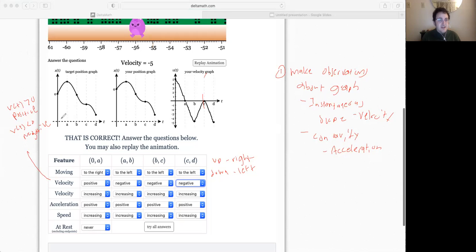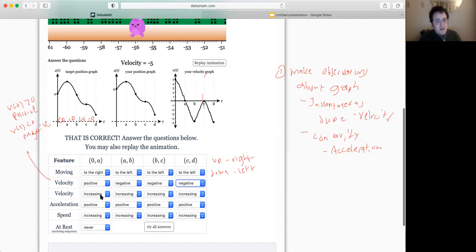We can see here that we are concave down until B, then from B to C, we're concave up, and from C to D, we are concave down. So when we're concave down, we are seeing decreasing velocity, and we are also seeing that the slope of V of t is going down too.